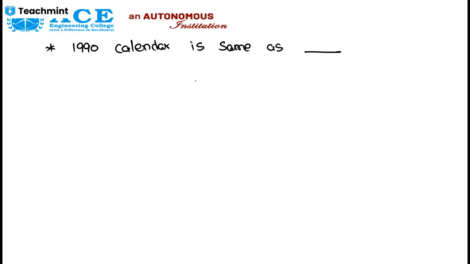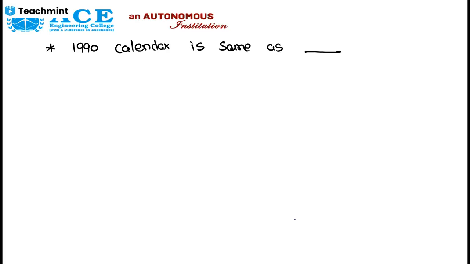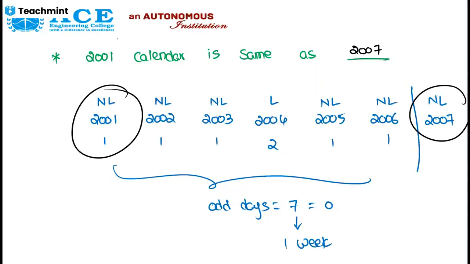I'll give the idea for previous years also, in the shortcut. Wait, you can also calculate the previous. After the shortcut, you will get the process very easily. You can go back also. Yes, one of your friends is asking, can we go back? Yes, we can.